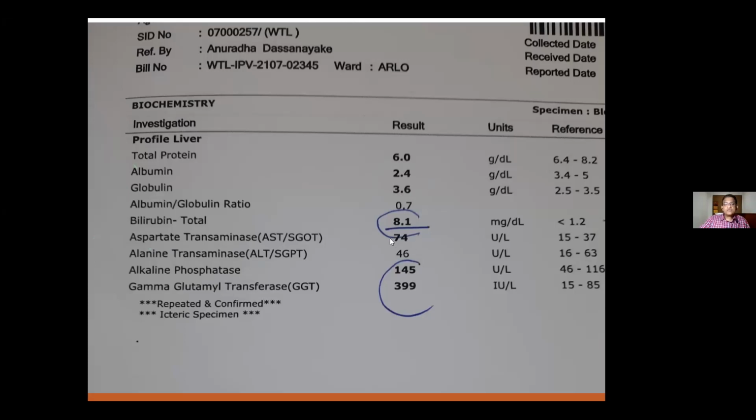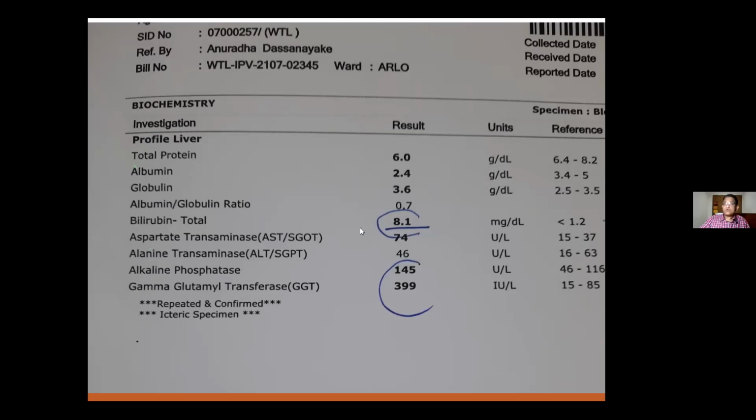Then there is reversal of the AST-ALT ratio. It's a feature of cirrhosis. Then there is very marginal elevation of alkaline phosphatase just above the upper limit, but gamma GT is about 8 times elevated. So this is due to probably enzyme induction.